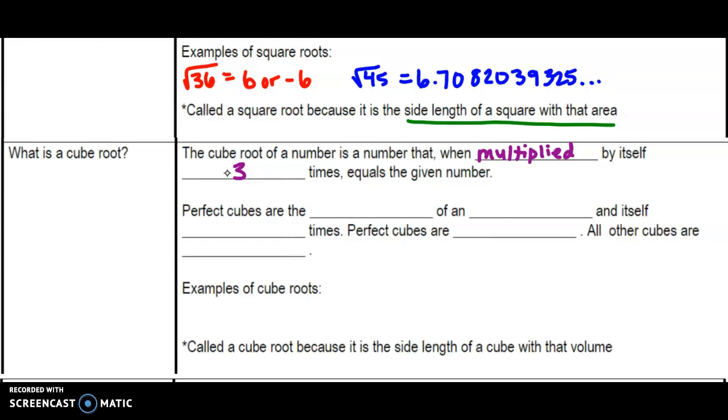So perfect cubes are the product of an integer and itself 3 times. Perfect cubes are rational, and all other cubes are irrational.